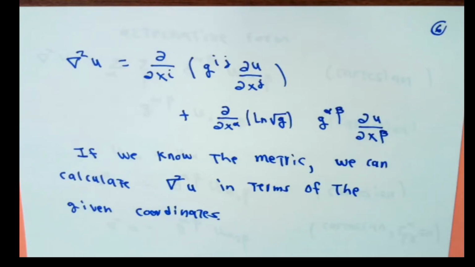This is very important. When we go to curved surfaces or curved spacetimes, there won't be any Cartesian coordinates, but we'll be able to calculate Laplacians and stuff in this manner.